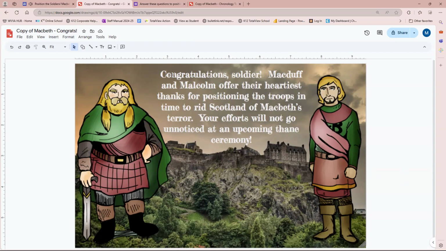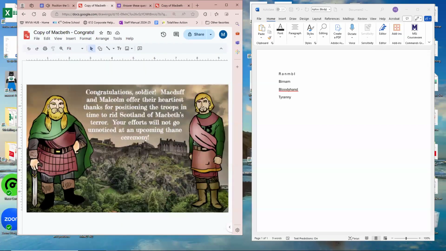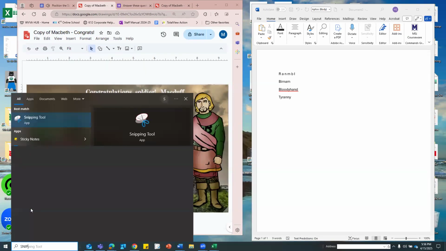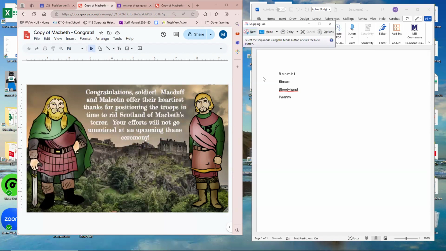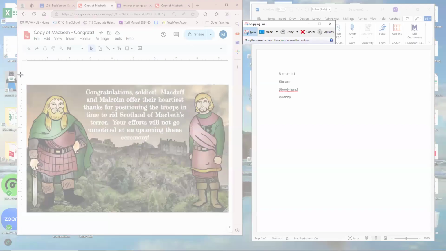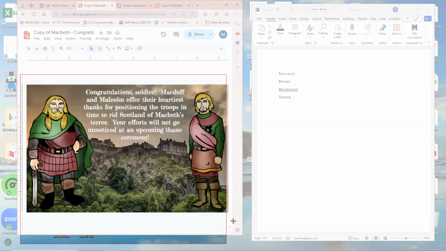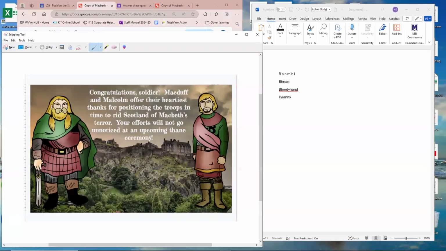This is the screen that you screenshot. And I'm going to go to my snipping tool. Right? And it puts this up and I tell it new. And I'm going to screenshot that. Save the screenshot.